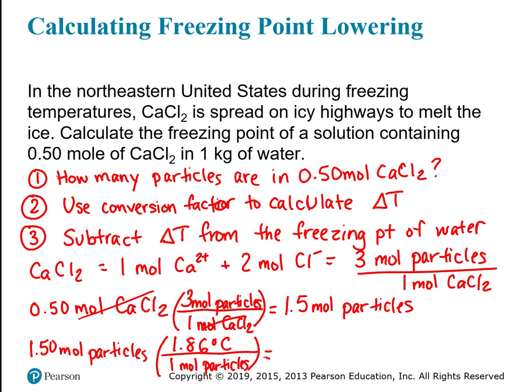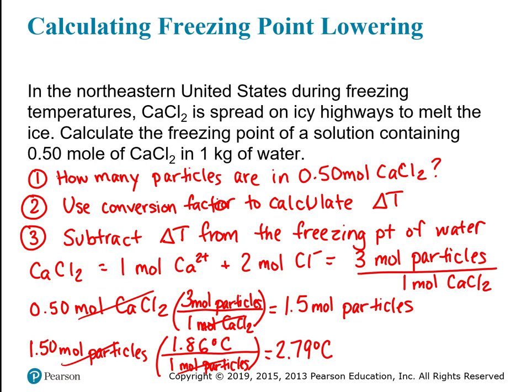For this, you're going to end up multiplying the 1.5 moles times the 1.86, and that's going to give you 2.79 degrees Celsius, because again, our moles cancel.